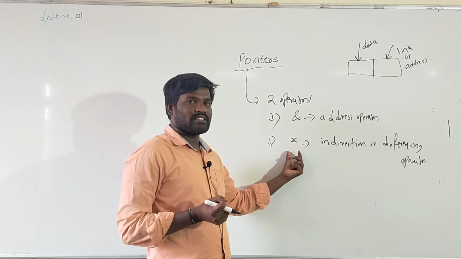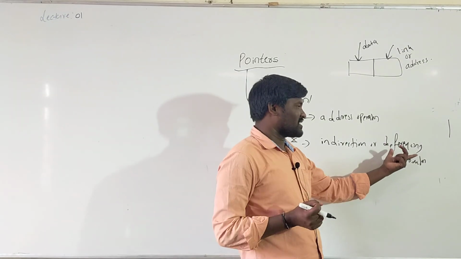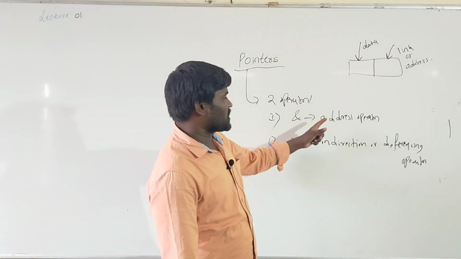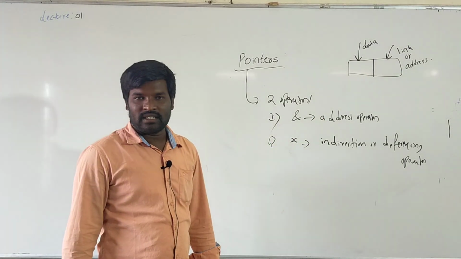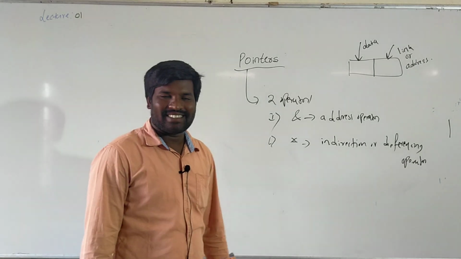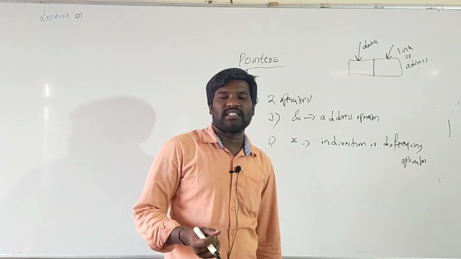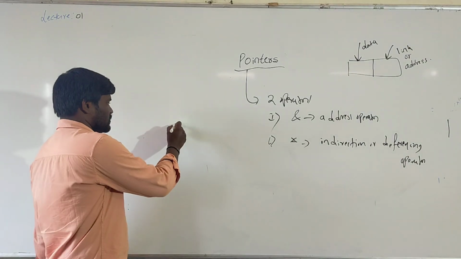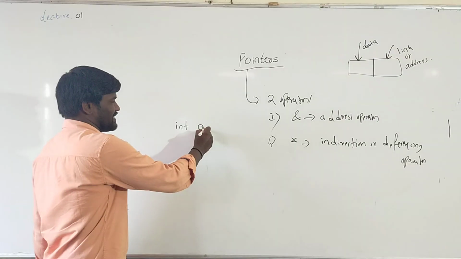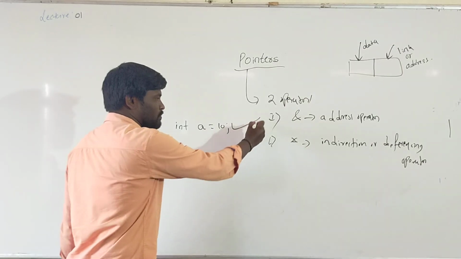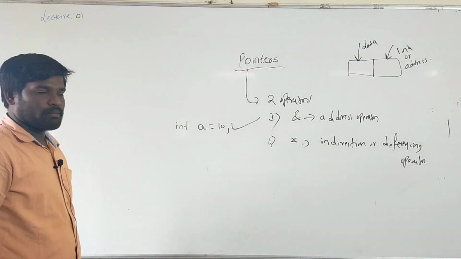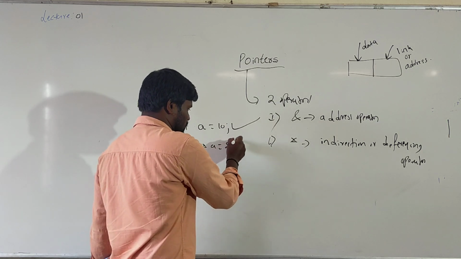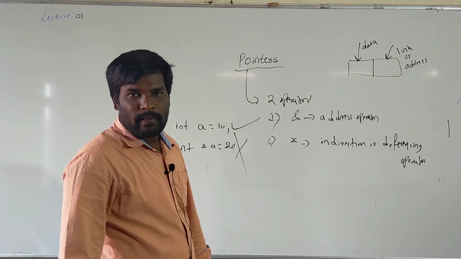Another one is the star symbol, that is the indirection or dereferencing operator. So the first one is the address operator. The task of the address operator is to hold the address of the variable. For example, if I declare int a = 10, it is completely valid. But in the pointer case, int *a = 20 is not valid.